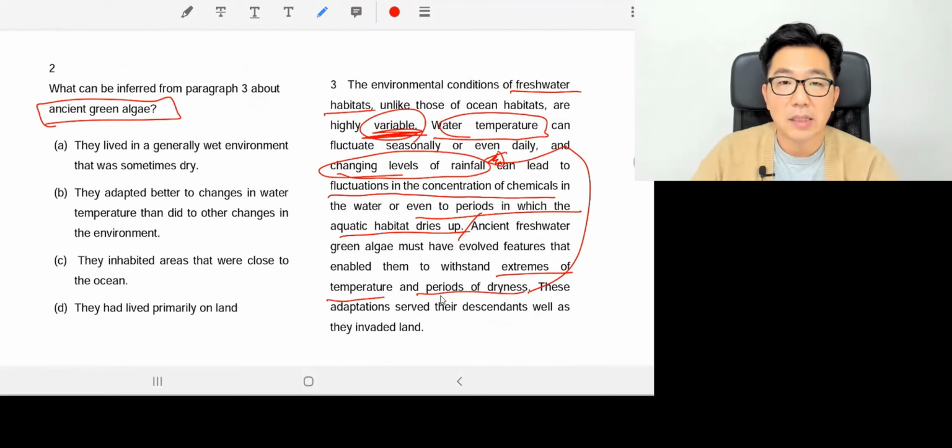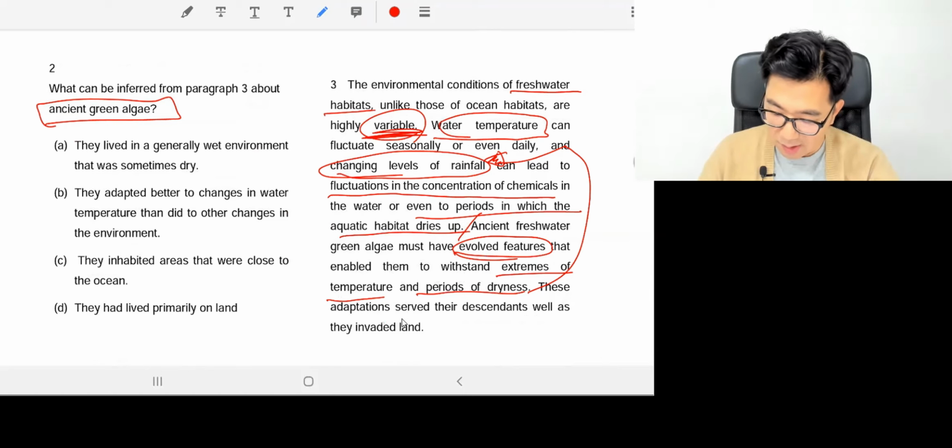So I guess less rainfall would have been a real problem. So they evolved some features to adapt to these situations. So what were the features that enable them to withstand this? Okay, these adaptations aren't described yet.